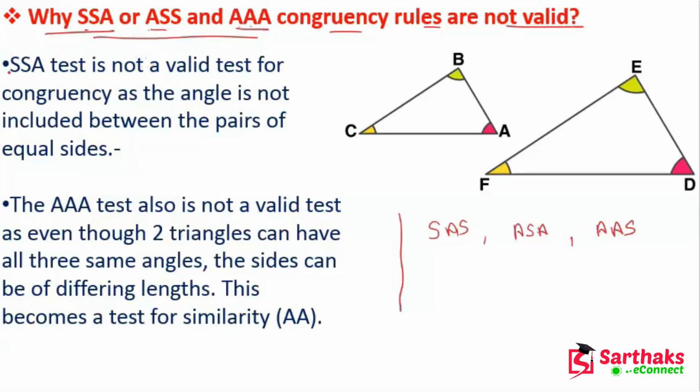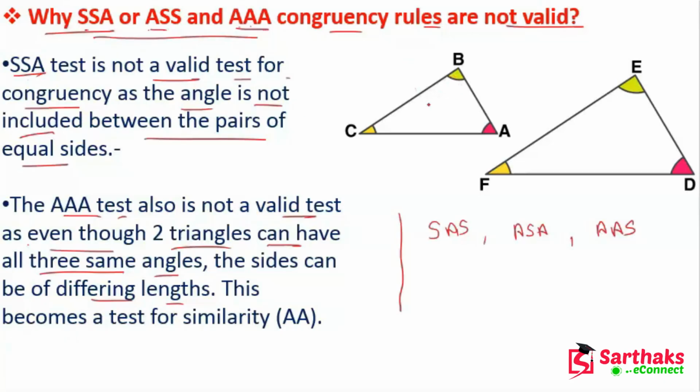Side side angle test is not a valid test for congruency, as the angle is not included between the pair of equal sides. And the AAA test is also not a valid test, as even though two triangles can have all three same angles, the sides can be of different lengths.